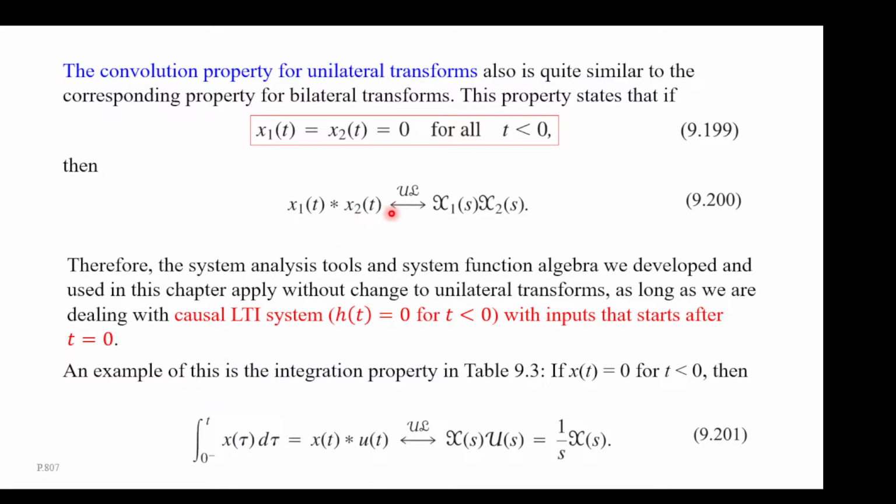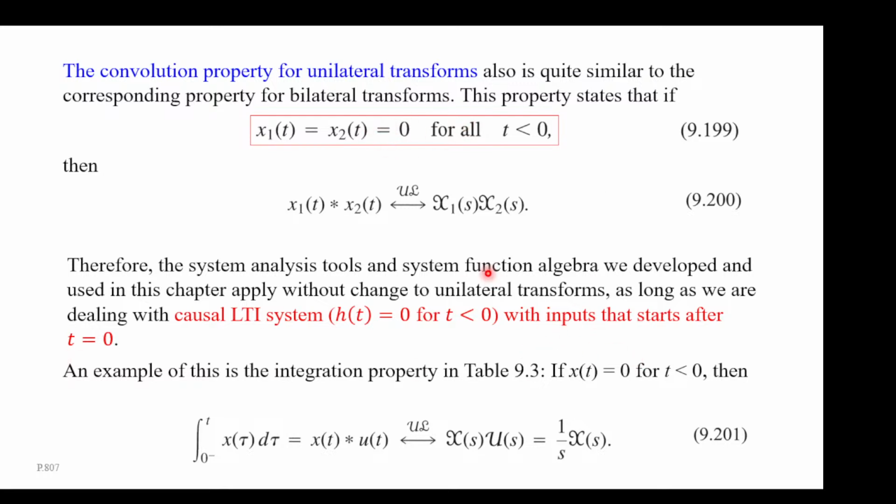First of all, we have h of t equals 0 for t less than 0, and that means we have a causal system. So if we want to use the convolution property of the unilateral Laplace transform to analyze our system, then our system must be causal because you need to satisfy this, and the input needs to start after t equals 0, because for t less than 0, your input must be 0.